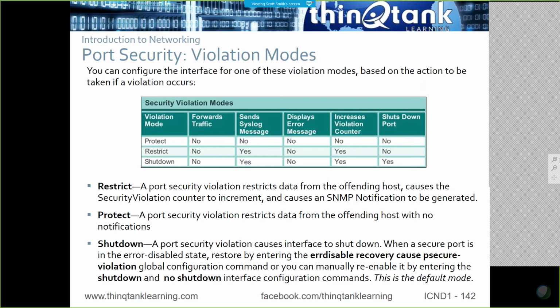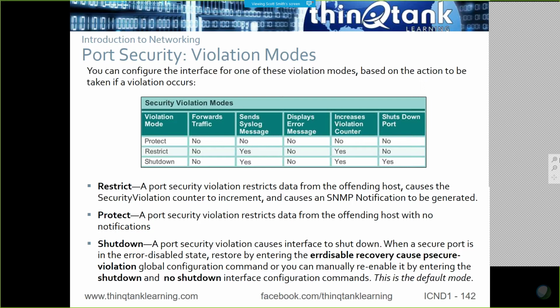So let's say, for example, I've set dynamic port security to allow for 3 MAC addresses. Okay? But a 4th MAC address shows up on that port. The first 3 MAC addresses are not affected by the violation. Only the 4th MAC address is affected. Okay? Both restrict and protect do that. They only block the offending host. They do not block the hosts that are not violating the policy.